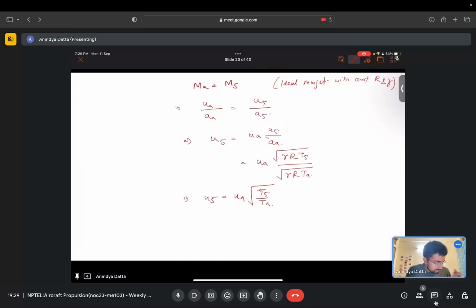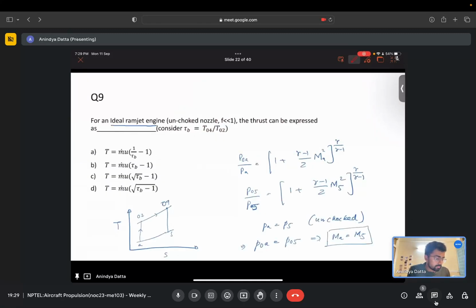So now this is T5 by TA, but we wanted something in terms of the total temperature ratio.